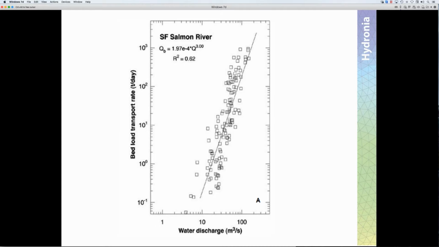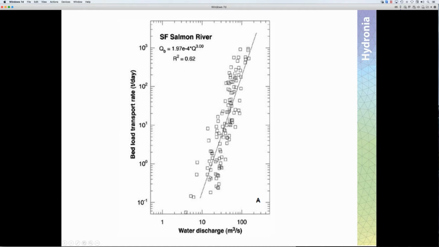Now, this plot shows a common formula to relate the water discharge to the sediment rate in tons per day. And as you can see here, it's obtained from data. The points are data for a particular river, and there is a line that is a correlation that was numerically obtained.